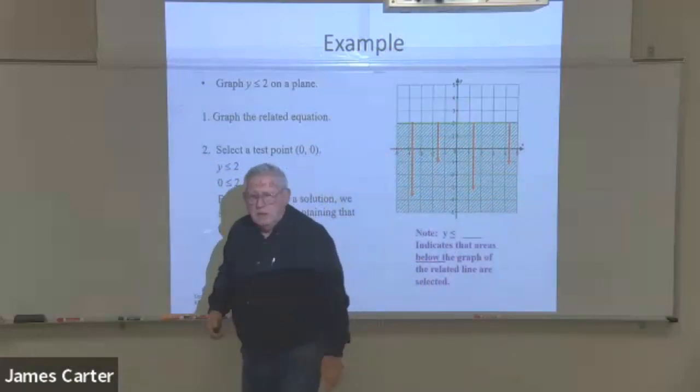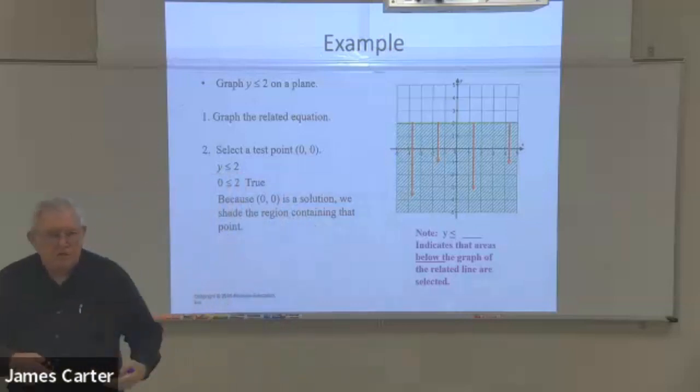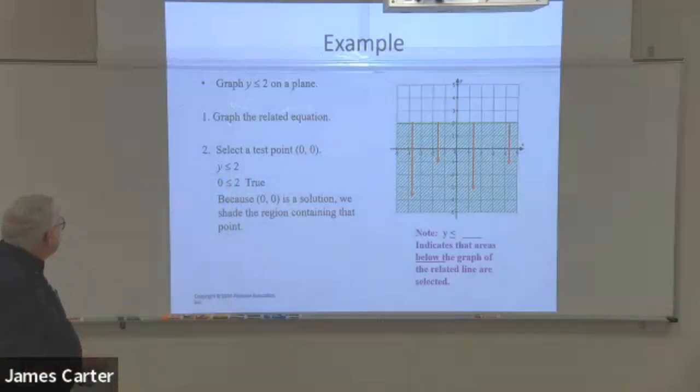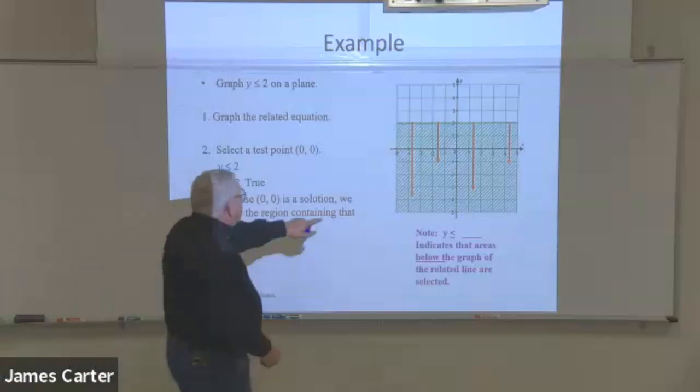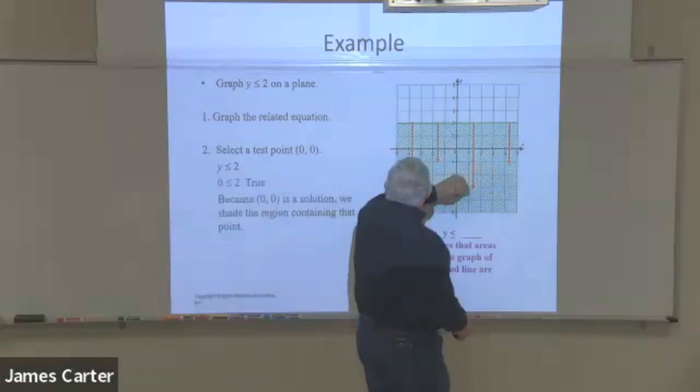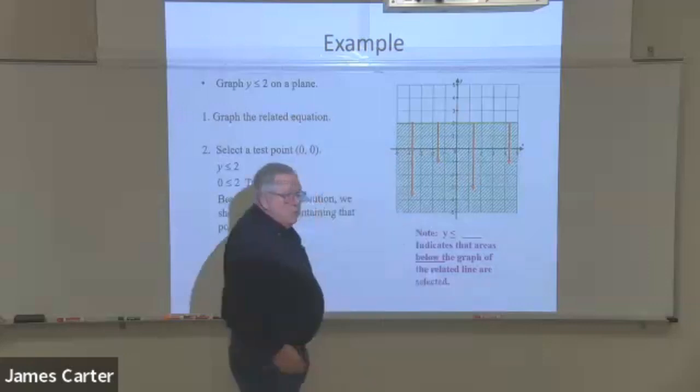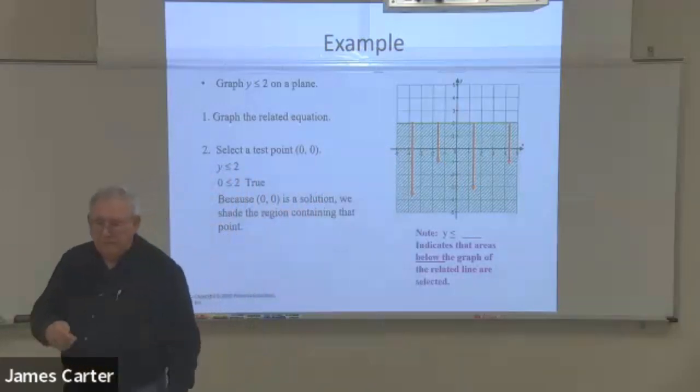So those are really pretty simple. If you break this down, put it in y = mx + b form, or in the case of horizontal and vertical lines, it's really very easy to determine your shaded region of possible answers. Believe it or not, any point down here in this green would make that true.